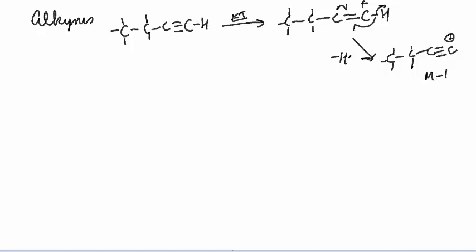Now, another common fragmentation mode for alkynes, both internal and terminal, is the formation of a resonance-stabilized carbocation called an argillic carbocation. The argillic carbocation is analogous to an allylic carbocation. Let's illustrate that.